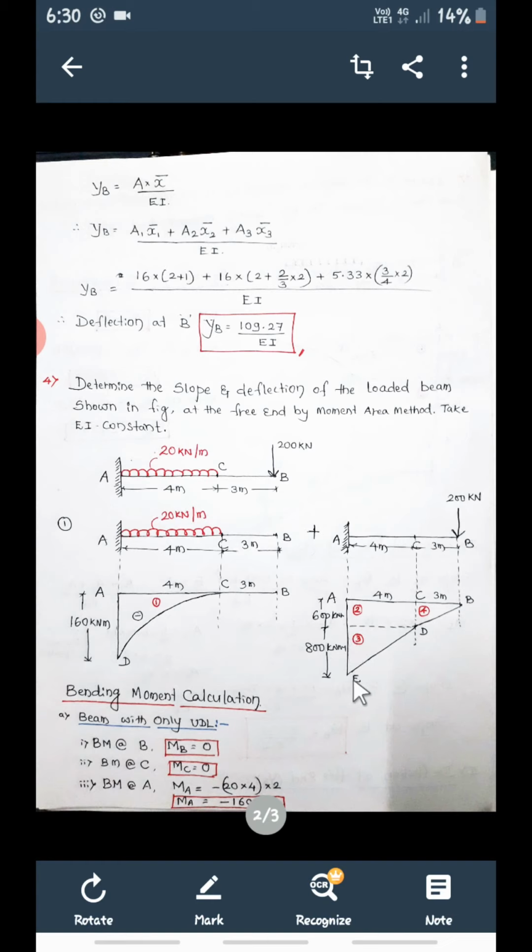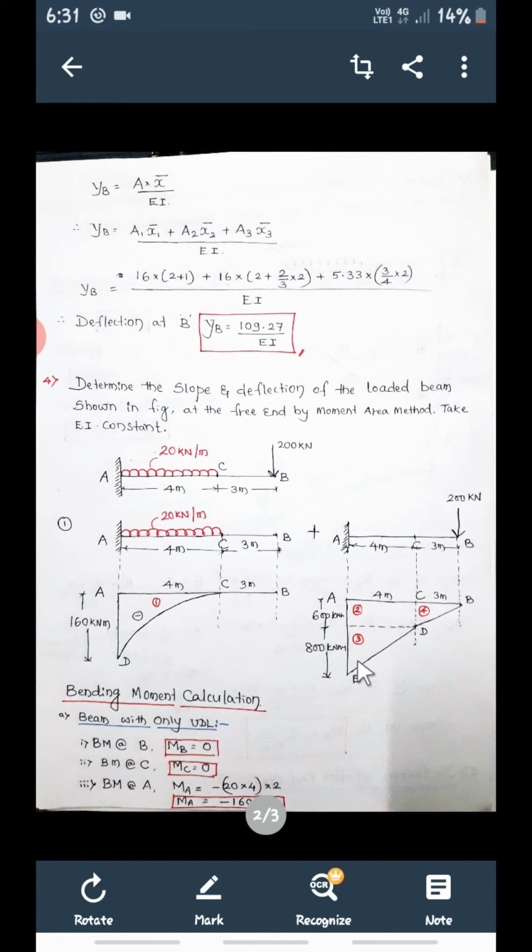Now from A to C, is there any load? No, so it is a straight line from A to C. Here we have marked the bending moment at C as 600. From here to here is a straight line, no load. Again from C to B, no load, straight line. Bending moment at B is 0, here it is 600, here it is 1400.